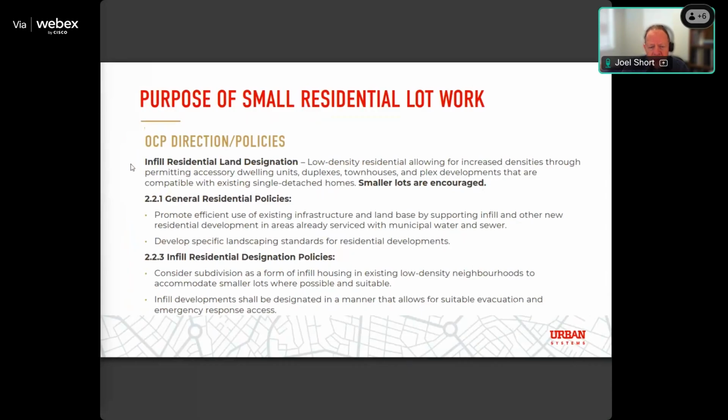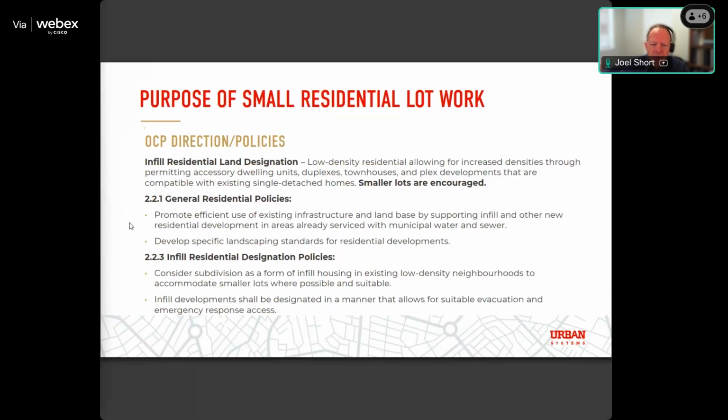The OCP has an infill residential land designation, which allows for low density residential and allows for increasing those densities with duplexes, townhouses, threeplex and fourplex developments that are really compatible with the existing single detached homes. And smaller lots are encouraged in the OCP.